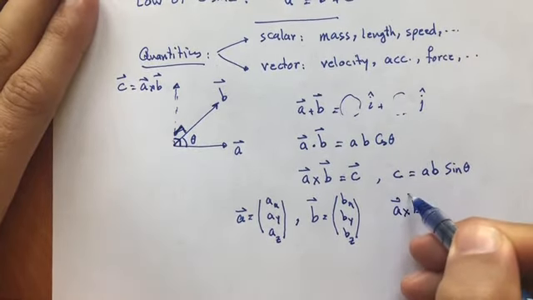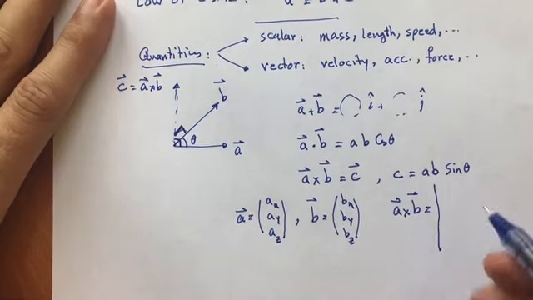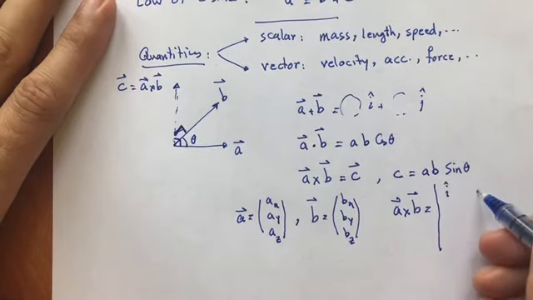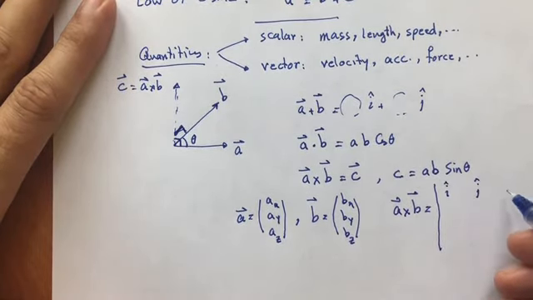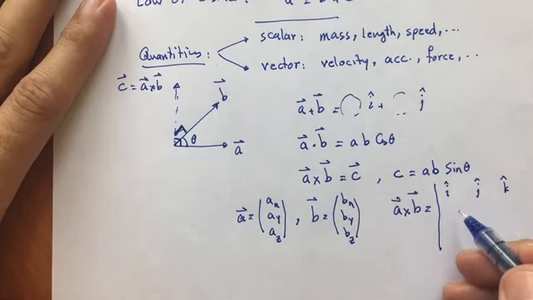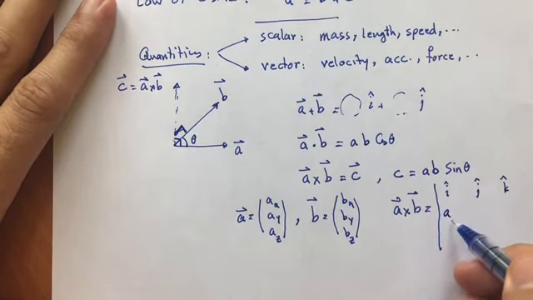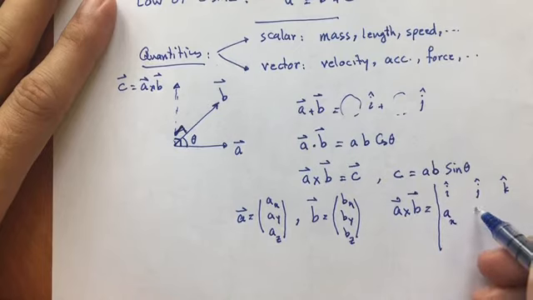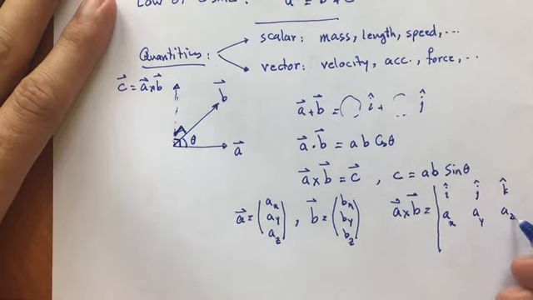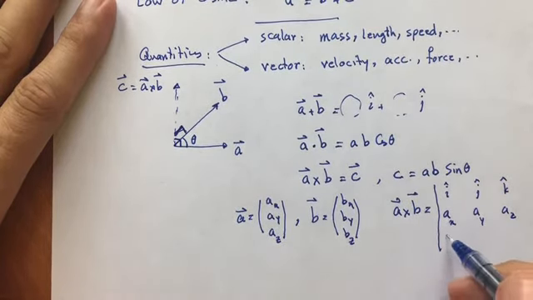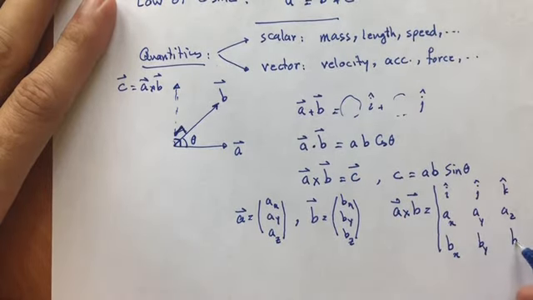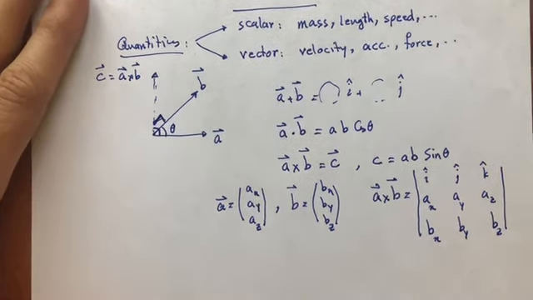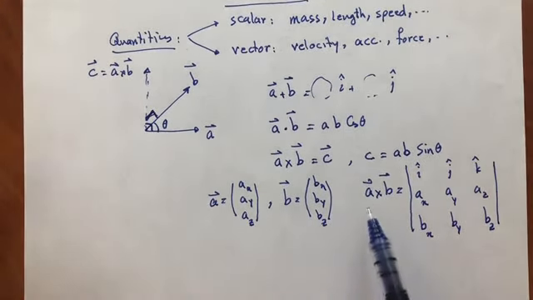A cross B is going to be equal to the determinant of this matrix. The first row is going to be i, j, k. The second row is going to be the components of A, the first vector, AX, AY, AZ. And the last one is going to be the components of the last vector, BX, BY, BZ. So if you calculate this determinant, the result is going to be the cross product of these two vectors.